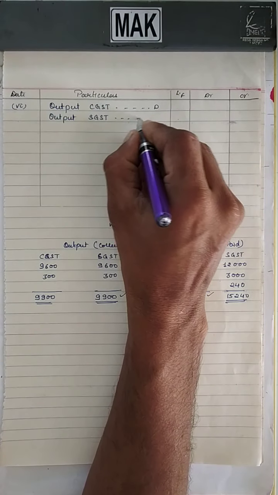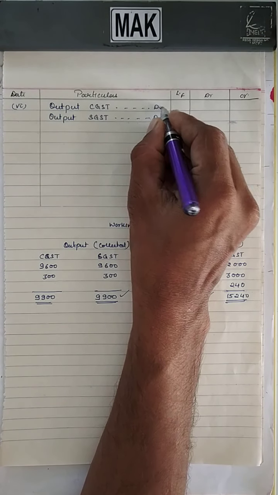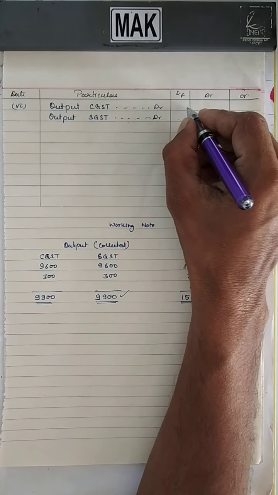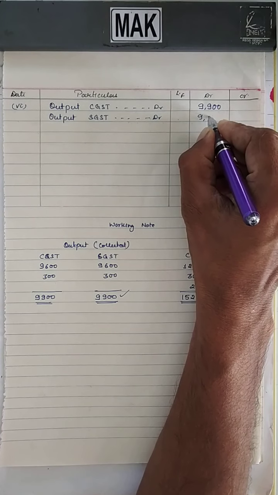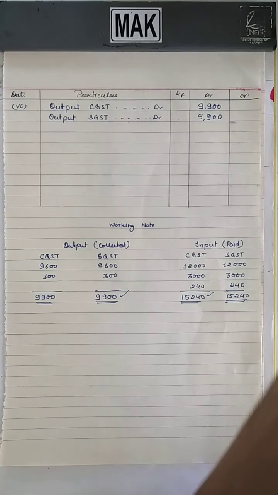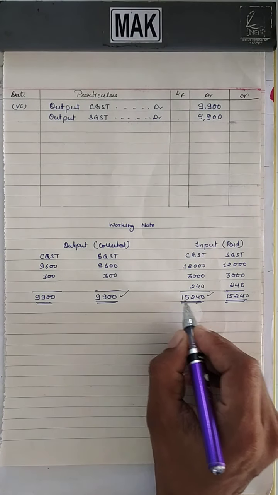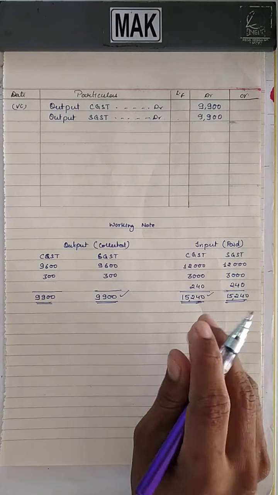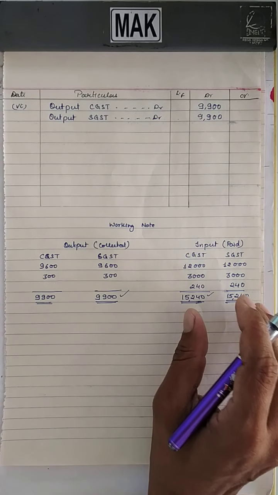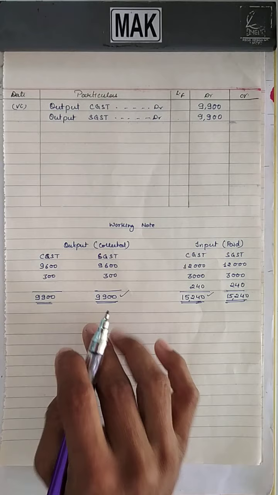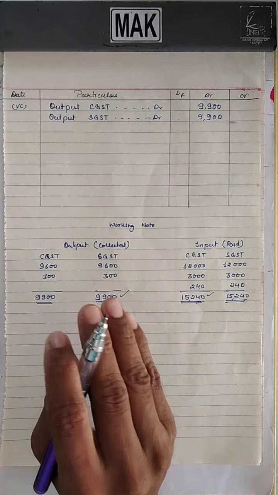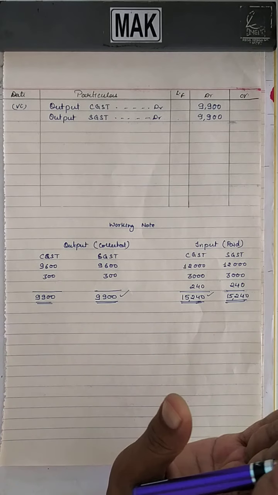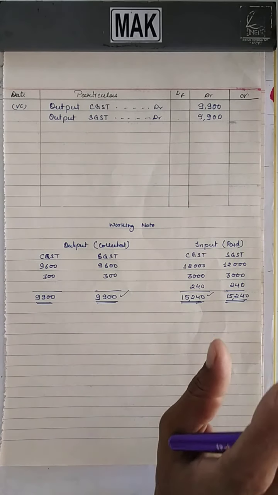Whatever you have already collected, write that here. You have already collected 9,900 rupees in both the CGST and SGST cases, and already paid 15,240. That means you have paid more, but the collected output amount is less. So whatever amount you have collected, consider that much as paid.